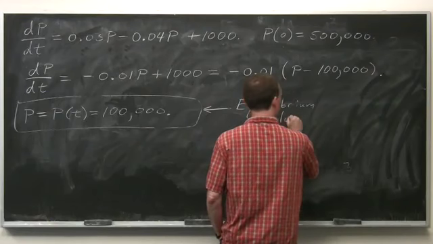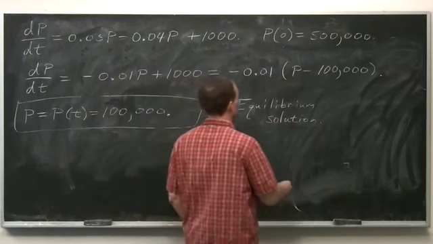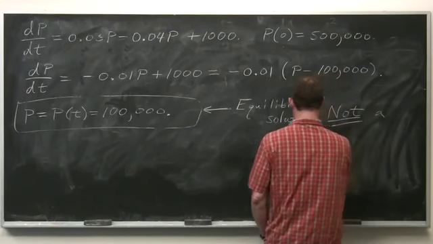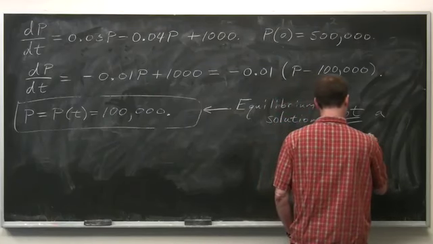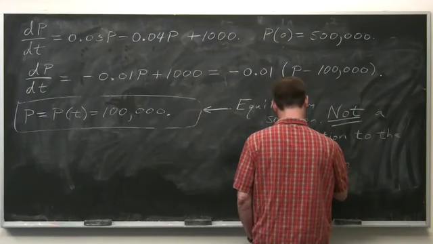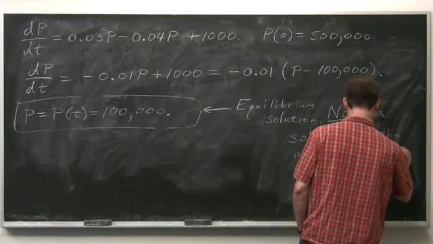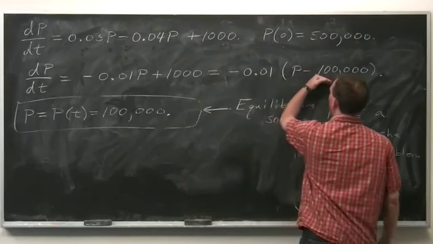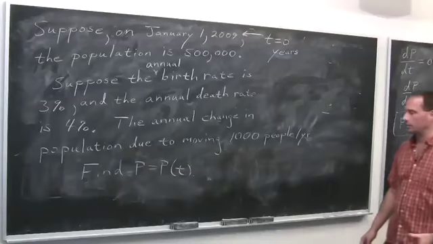I do want to say something about this later, but we've recorded that. Now I'll divide both sides by P minus 100,000, multiply by dt, integrate both sides, and see what we get.